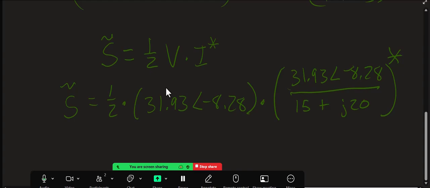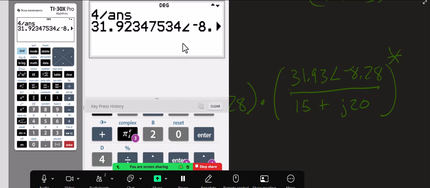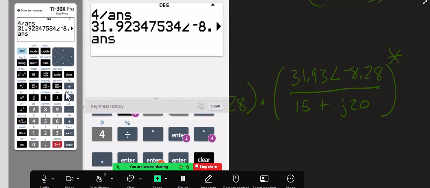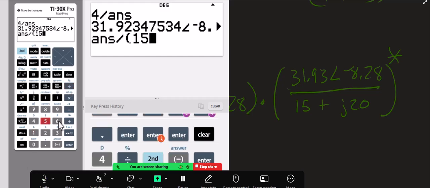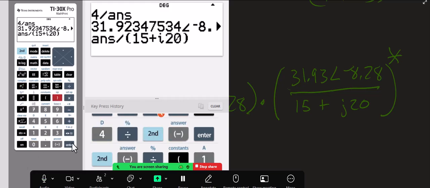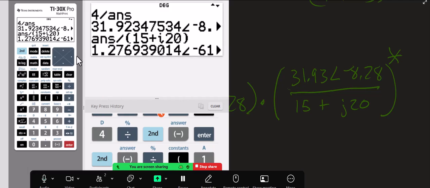So I'll do that calculation first. I'll take my second answer and divide by 15 plus J20, and I get 1.276 angle negative 61.38. So the conjugate would be positive 61.38.